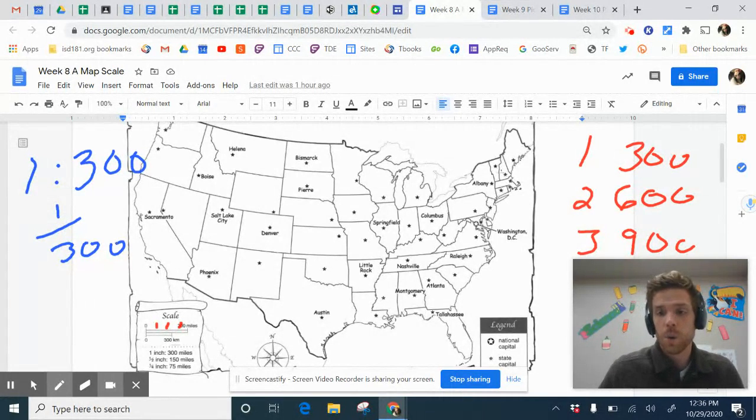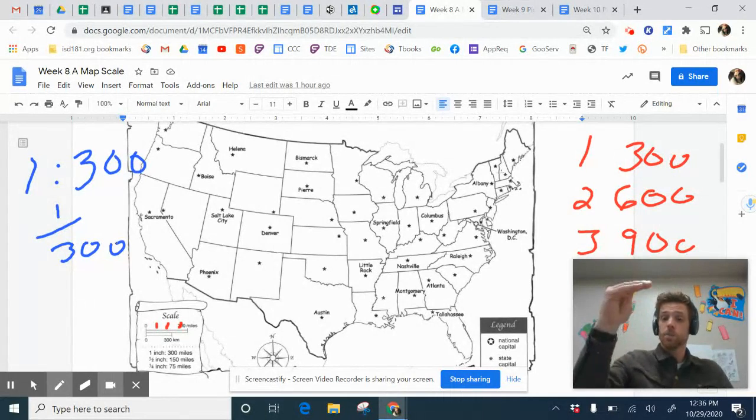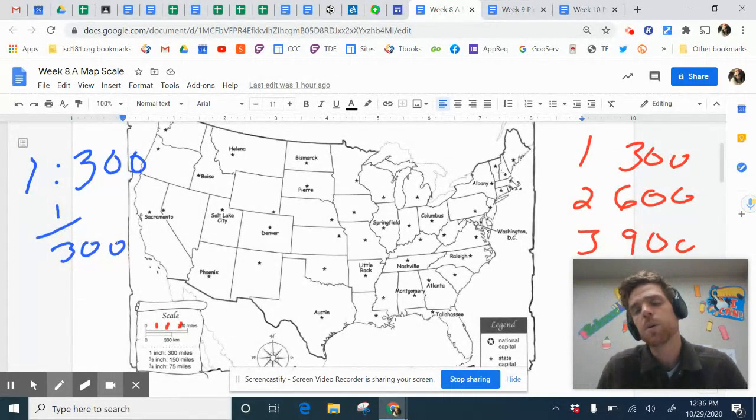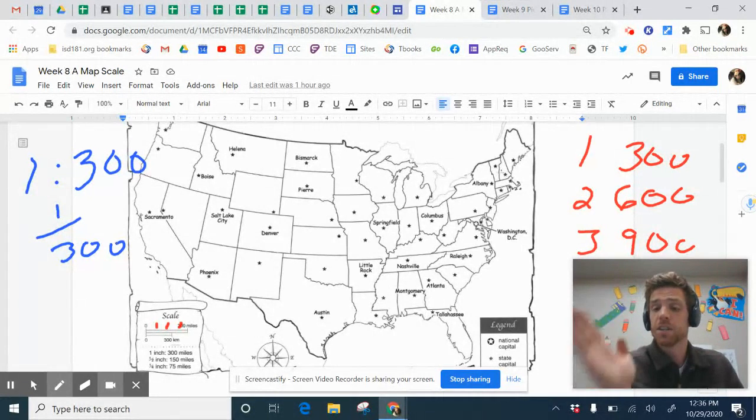Now, on your keyboard, you struggle with fractions because you can't put one number on top of the other number like we do in math fractions. So we will use the slash. Right down in the bottom right-hand corner next to the shift key is our slash.